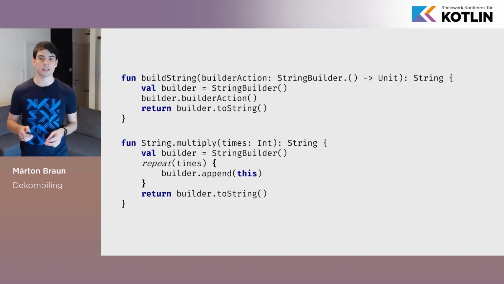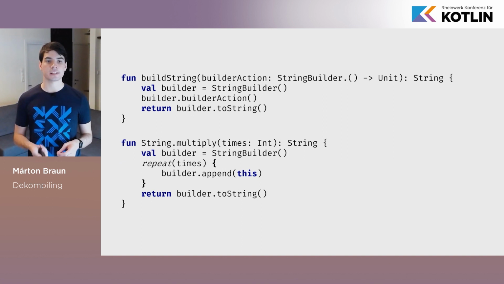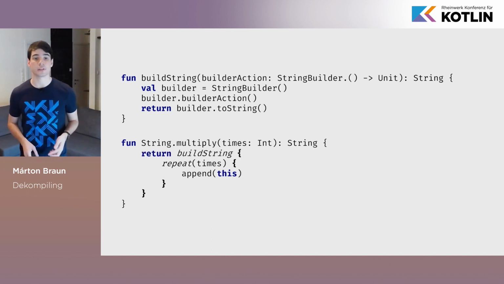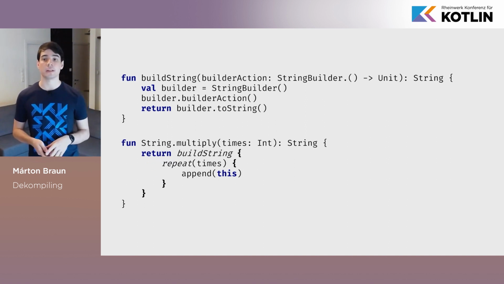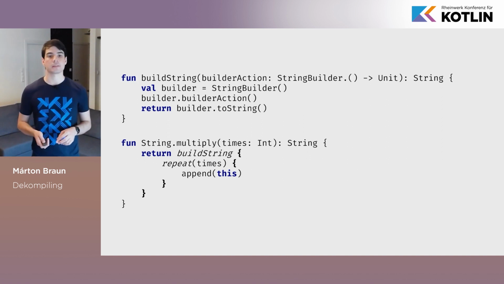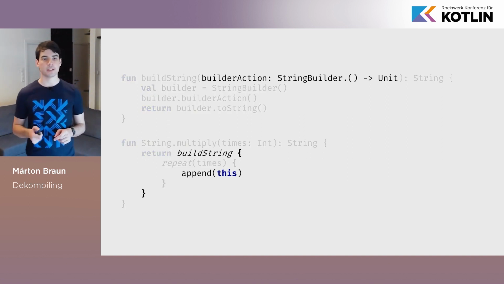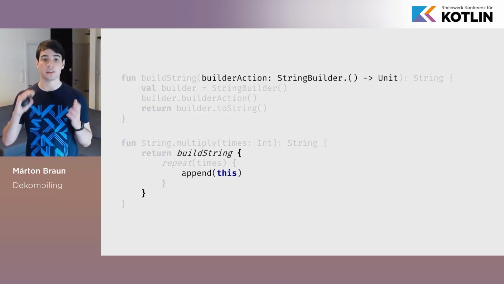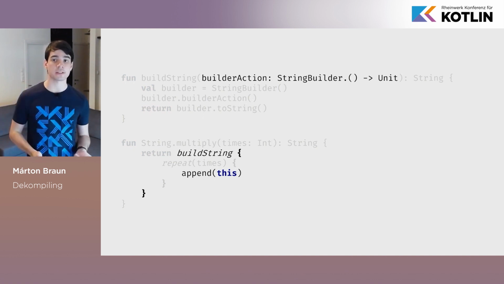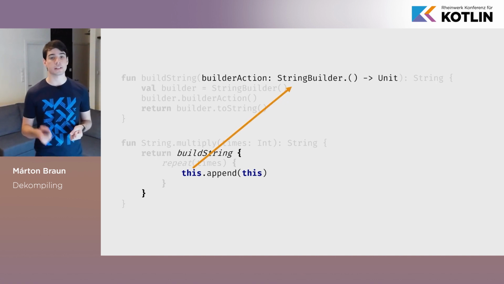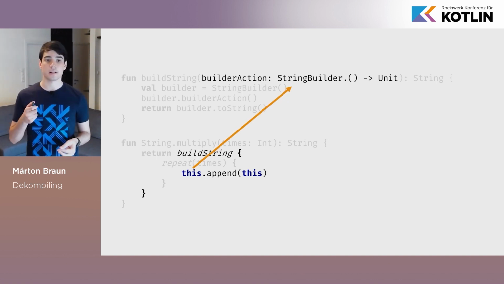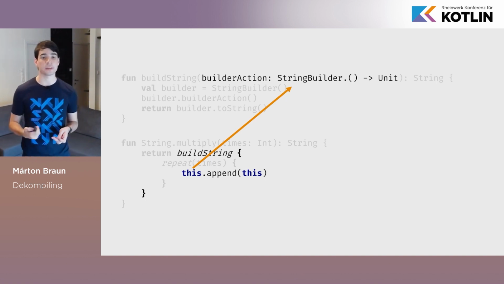So let's update the multiply function at this point, and instead of creating a string builder there, we can just use buildString and then nest the repeat call into it, and then append the input string to the string builder that we had. So the reason that I can call append within the lambda being passed into buildString is because that's implicitly calling it on the string builder. That's the receiver of the builder action lambda up there.